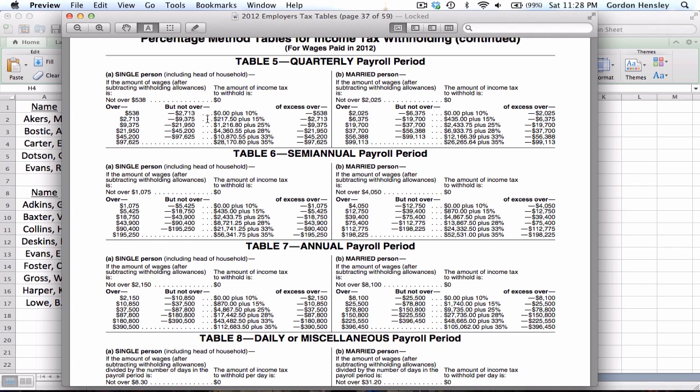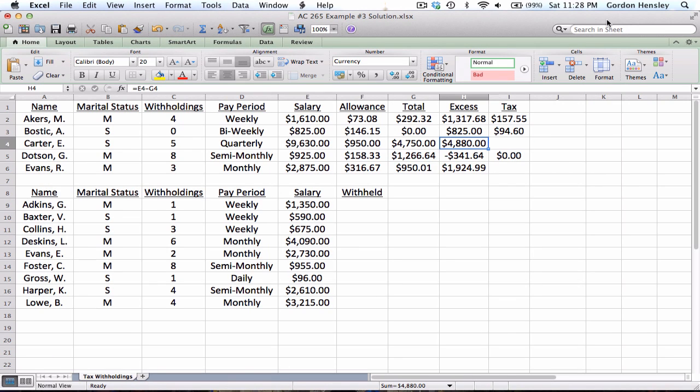So what does it say about that? It's $217.50 and 15% of the excess over $2,713. So that's the information that I'm going to use. So again, $4,880. I want to see how much that exceeds $2,713. It exceeds it by $2,167.